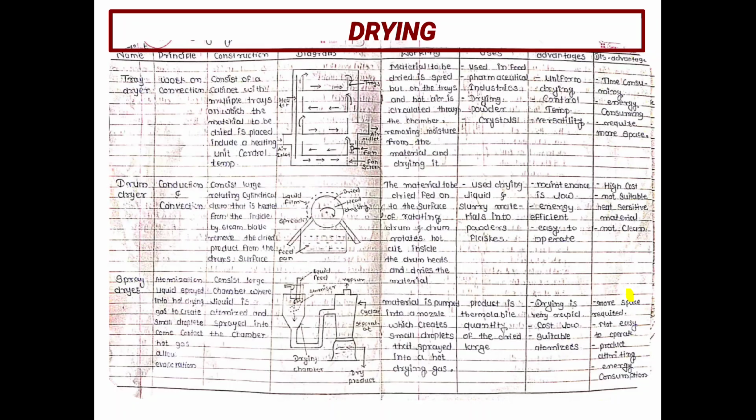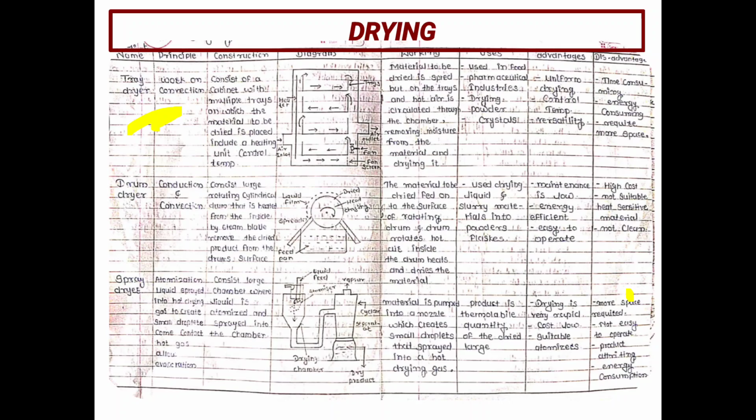Drying is required in tablet manufacturing, for granules drying. A tray dryer consists of multiple trays on which the material to be dried is placed, and includes a heating unit with temperature control. Heat is transferred by convection.